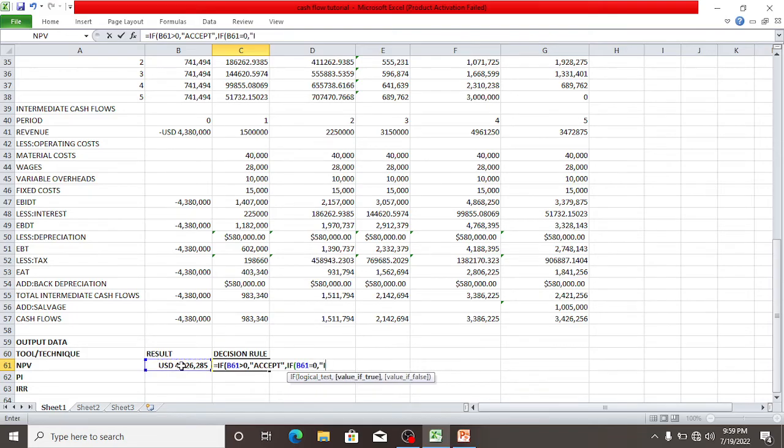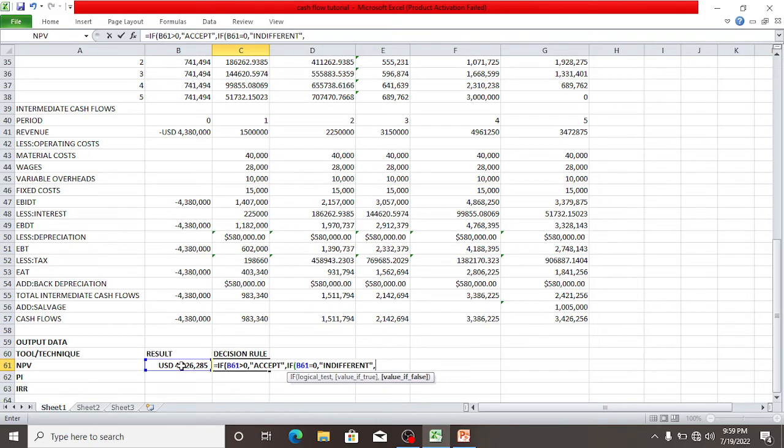Here you're interested in other objectives apart from profit maximization. Or else you reject that project.